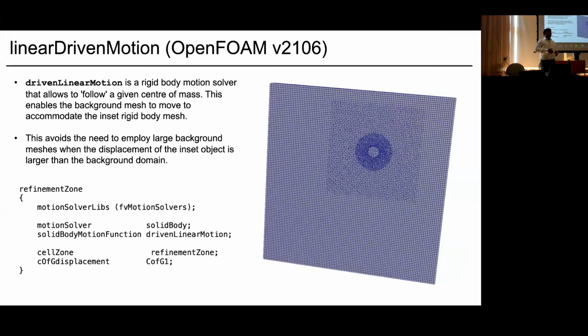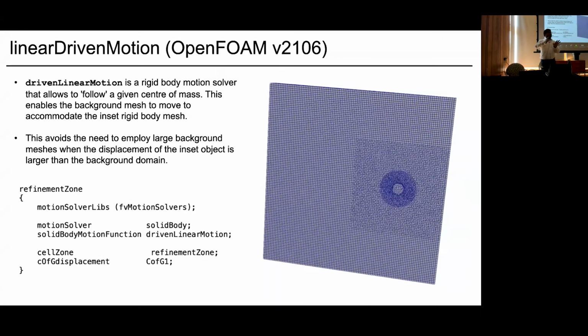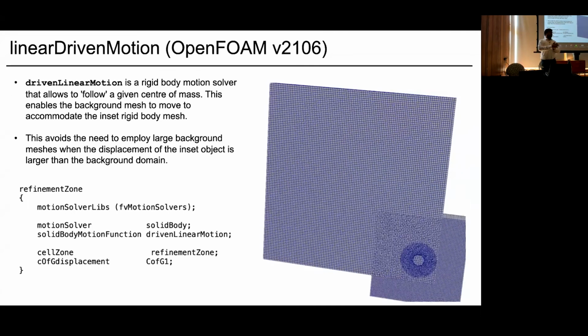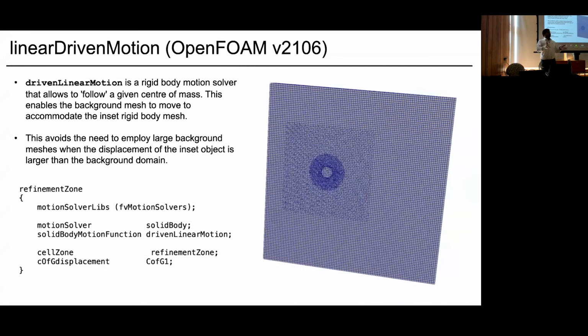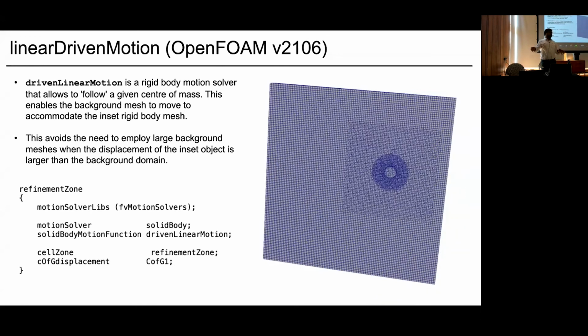What it does is read the center of gravity at every time step of the body and translate the refinement zone accordingly in the X and Y direction. It doesn't rotate, so it is not a six degree of freedom motion. It just translates accordingly so that you get the same resolution of the flow everywhere in the domain, right?